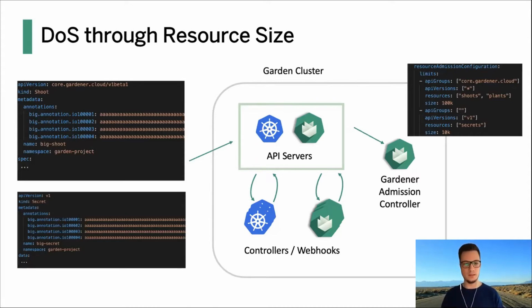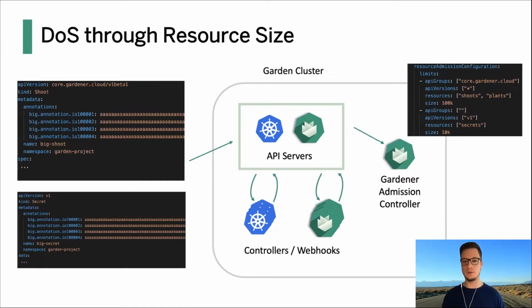But you have to consider this when you come up with these numbers, because the request itself is most probably bigger than the size persisted in the etcd, or also the size that is necessary for the controllers to load these resources into their memory. But still, it's a nice way to validate these request sizes.